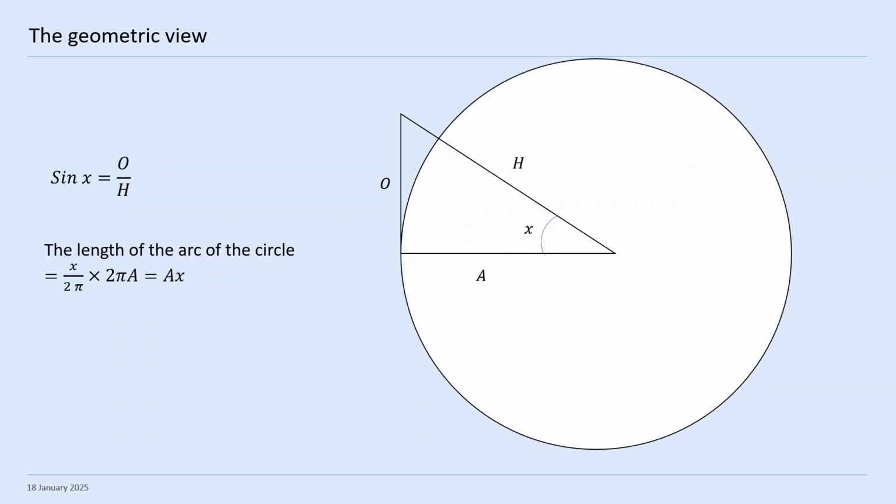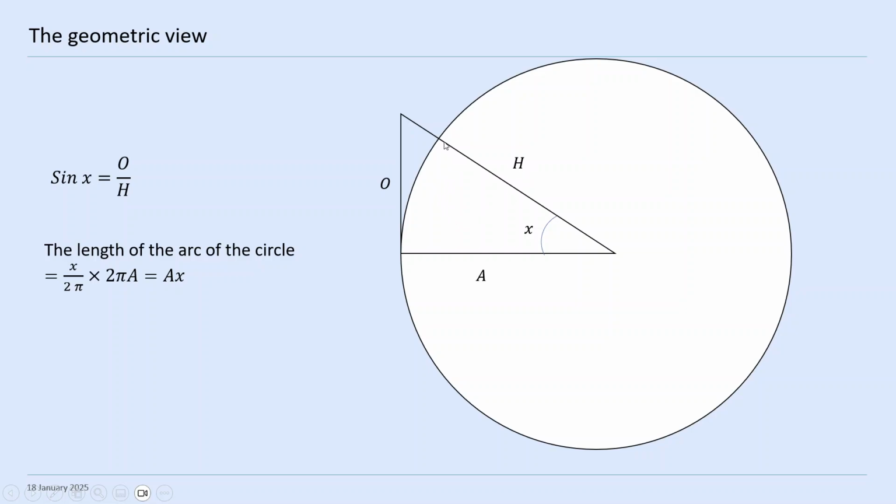So how do we make sense of this? We start with a kind of geometric view. We've got a right-angled triangle here and a circle. And by the definition, sine x equals the opposite over the hypotenuse. But there's some other maths we can do as well.